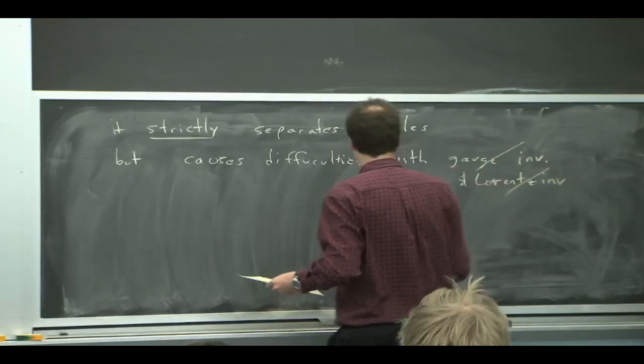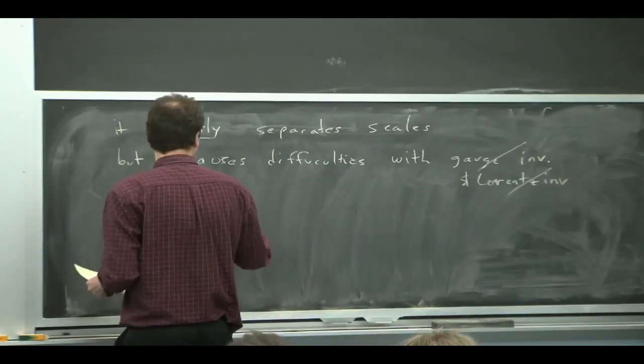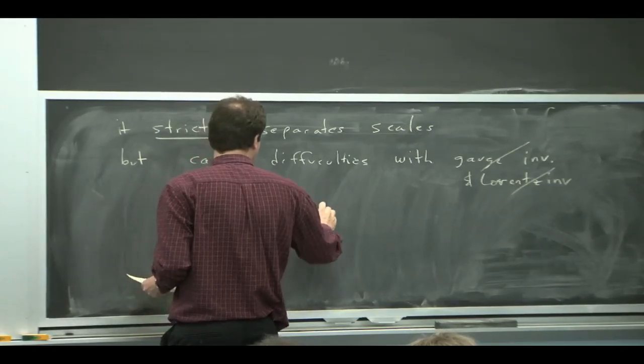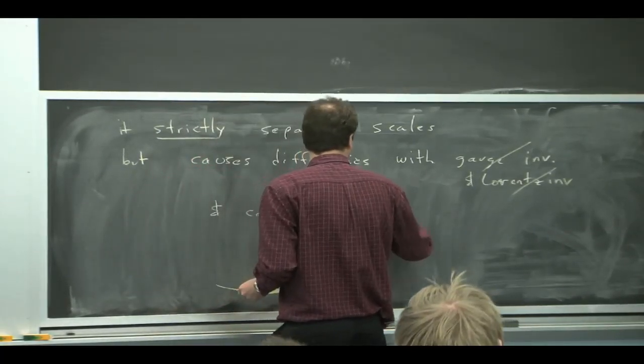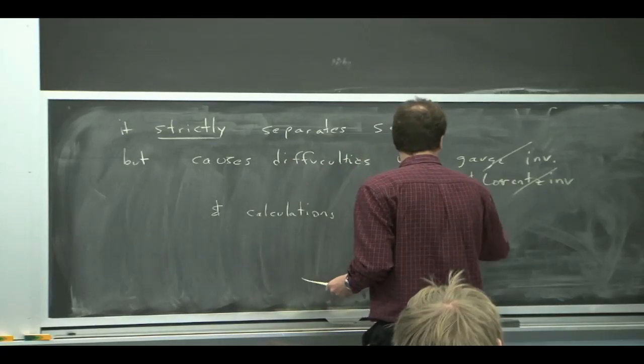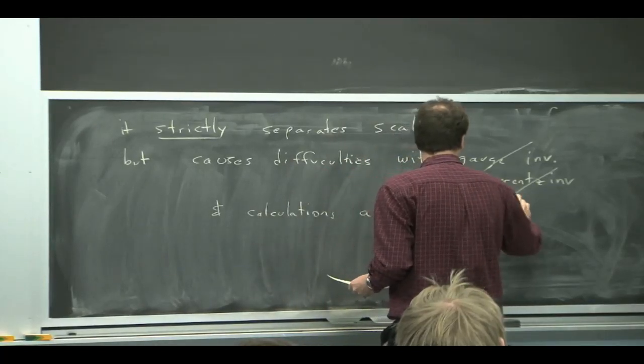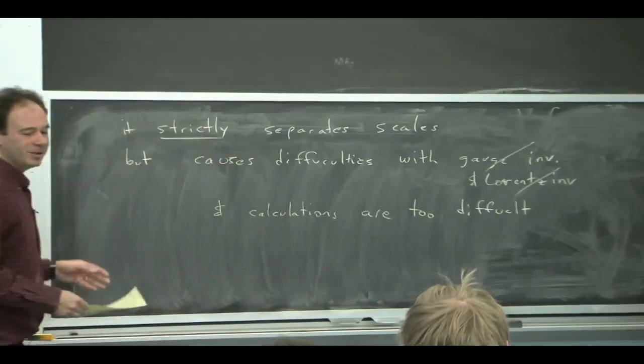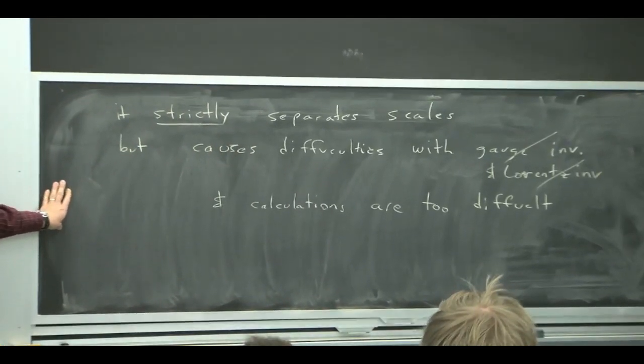And the calculations that you would like to do are just too difficult. I don't know of anybody that's done it. Maybe somebody's done 2 loops in the Wilsonian picture, but nobody's ever done 3.